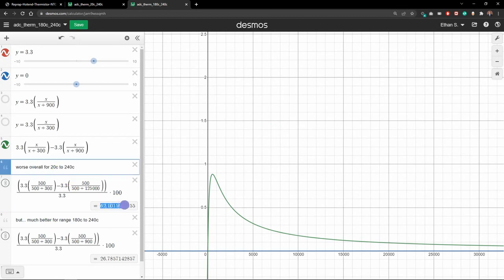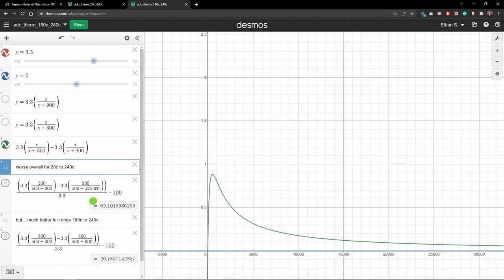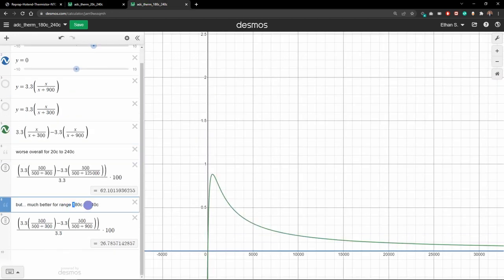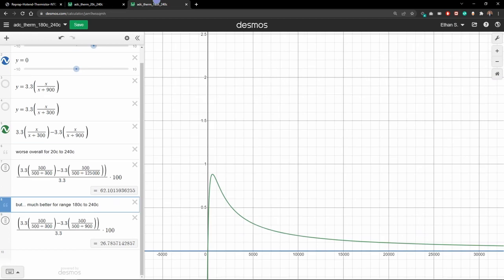We only use up about 62% of the ADC range, whereas the other one uses up 96.6%. However, for the 180C to the 240C, we're actually using 26.7857%. So it's about 3 times larger than the other one, which is more important because we're going to be using this temperature range more than the others.